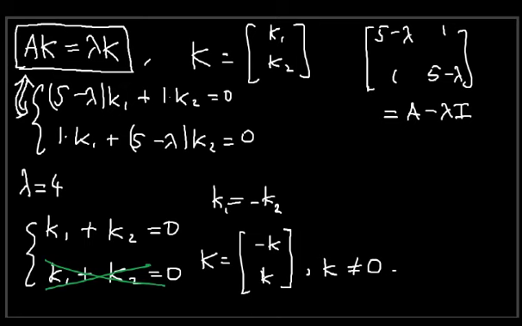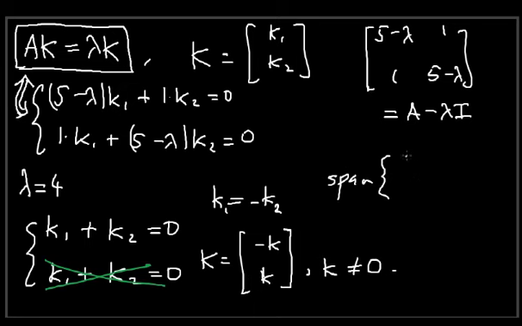And so we proceed. For lambda equals 4, we have found the eigenvectors. We can even represent the whole eigenspace, which is the set of all eigenvectors together with the 0 vector included in the set, but not counting as an eigenvector. We can represent the whole eigenspace as the span of a single vector, and namely we just pick one such vector by picking any value for k.